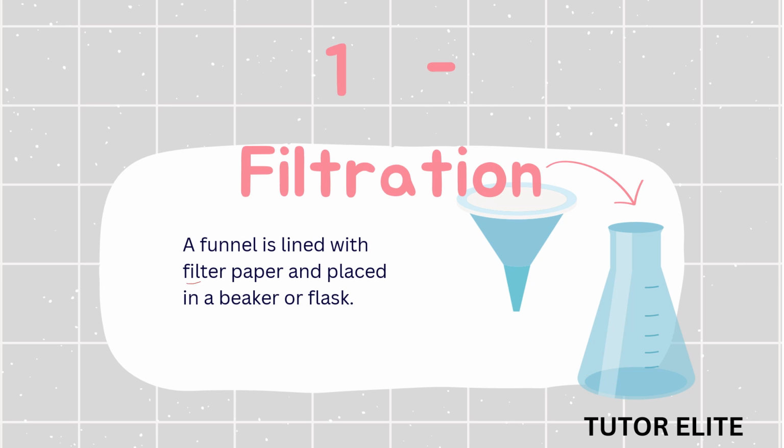So first we use a filter paper, arranged in the form of a cone, as you can see. You can use a beaker or a flask. This is basically a flask, and this type of equipment is a beaker.